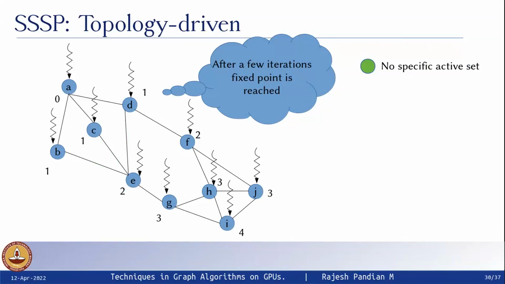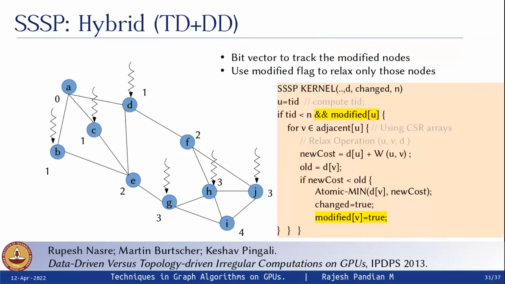There will be no more vertex updation happening, which means we have reached a fixed point state, and that shows the end of the algorithm. So we have seen two approaches till now: data driven and topology driven. Topology driven launches n threads, whereas data driven launches as many threads as the active set for computation.